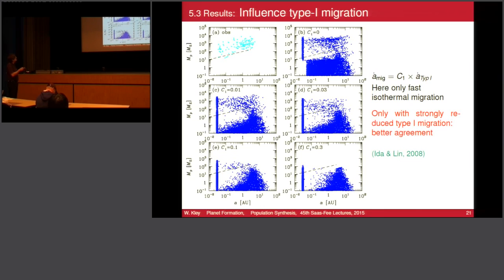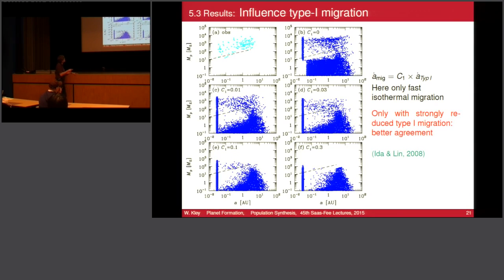So here you have C1 equal to different values: 0.01, 0.1 or 0. You can see you need a small reduction factor for C1 to not get too many hot Jupiters.